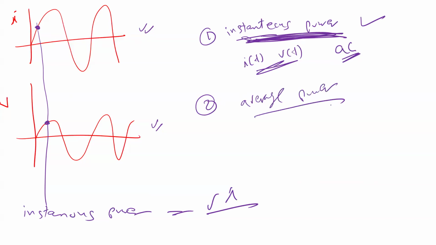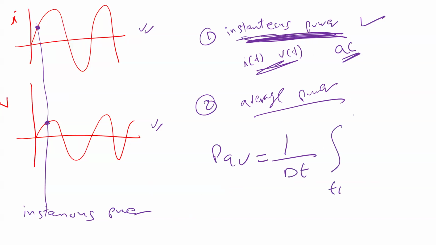We didn't have all of that in the case of DC, just V times I. Here the average power is equal to 1 over delta T, integrated from T1 to T2.